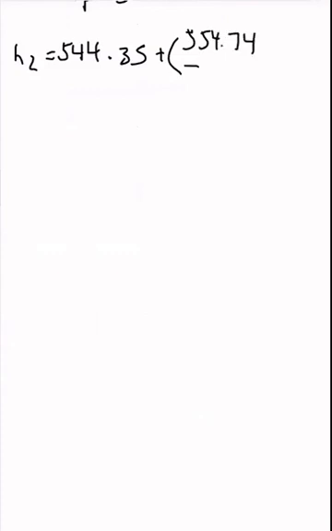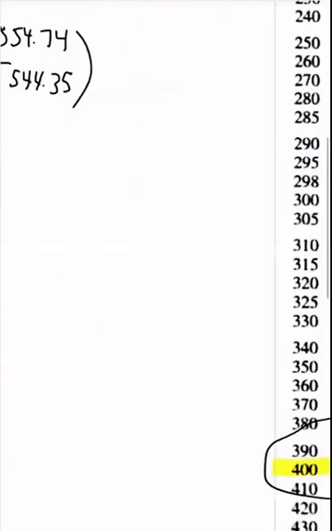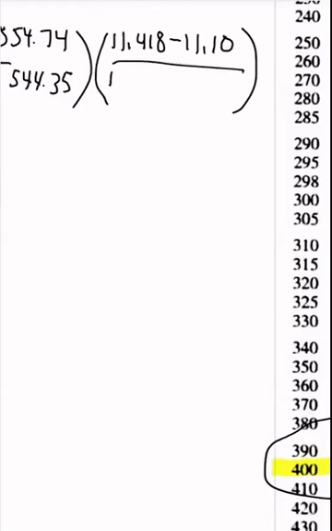All right, so we can say that H2 equals 544.35 plus 554.74 minus 544.35, and then times 11.418 minus 11.10 over 11.86 minus 11.10.